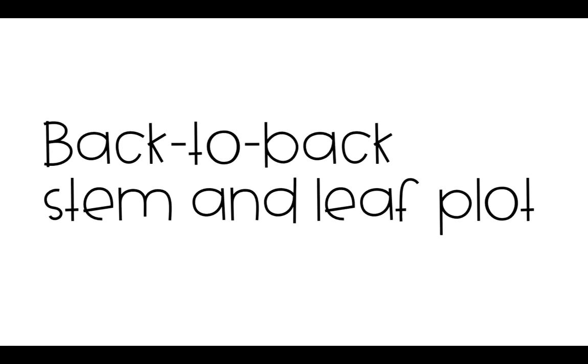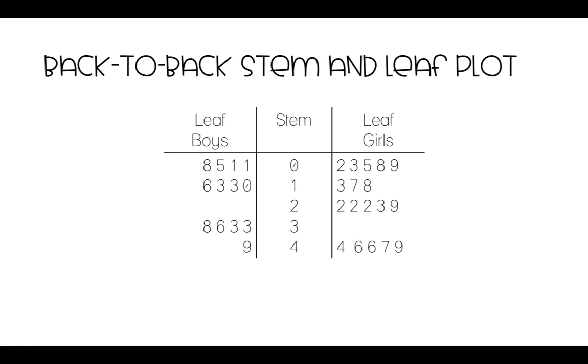Okay, let's look at back-to-back stem and leaf plot now. So a back-to-back stem and leaf plot is what we see here. We have a stem down the middle and 2 sets of leaves either side. Boys on one side, girls on one side for this case. The important thing to note is that everything on the right of the stem is like we've already done with a single stem, single leaf.